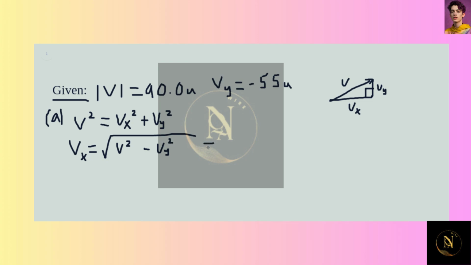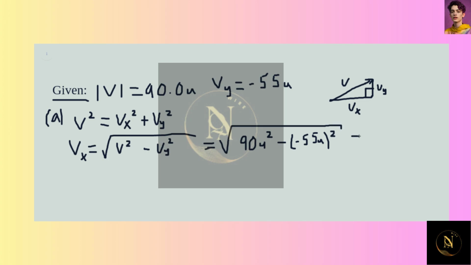Okay, let's go ahead and plug in our values for v and v sub y. So this is going to be the square root of 90 units squared minus 55 units squared. Let's finish that out.